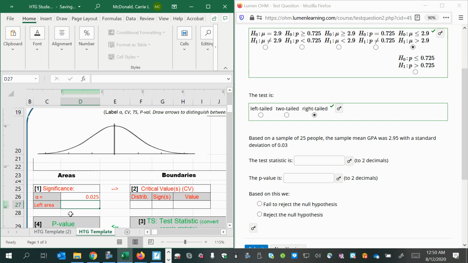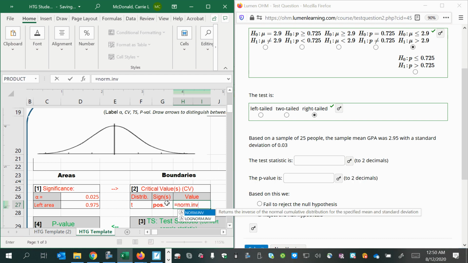And for the area to the left, since it is a right-tailed test, I'm going to do 1 minus that. That's the area on the right. That way my critical value, which is a t-score under the t distribution, is going to be positive since it's a right-tailed test. I'm going to use t.inverse with my left area.